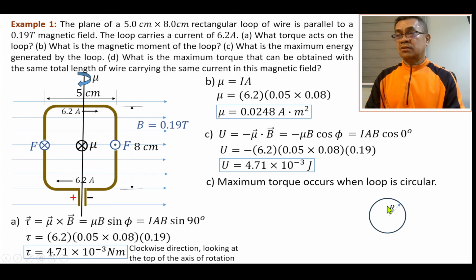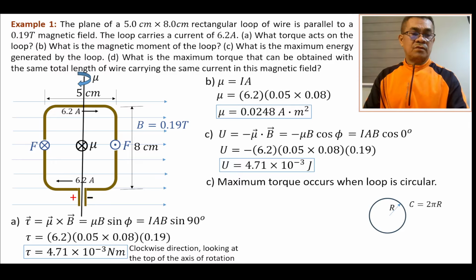That's why most coils are circular, such that the area is maximized and the magnetic dipole moment or the torque is maximum. So we use C as 2 pi r. Take note that C is already given, so you can solve for R because we need R. So C is 26 centimeters. Then R can be calculated.